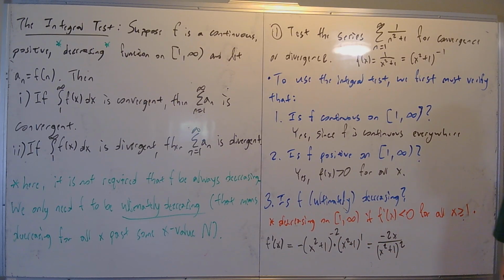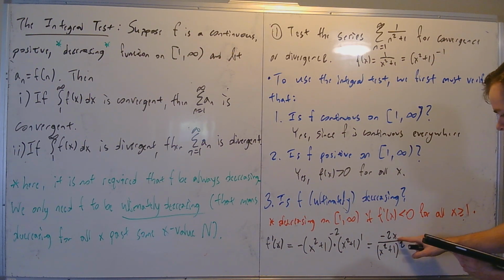And we're asking the question if this is negative for all x's in this region. Well, here x is a positive number, so if you plug in a positive number for x here, you see that this is actually positive. Why did I say that? This is actually negative is what I meant to say, if you plug in a positive number.